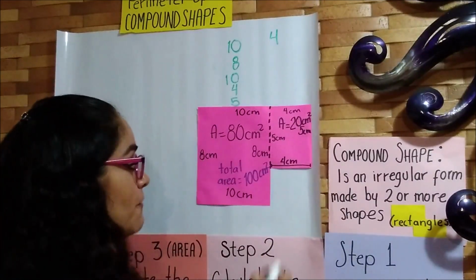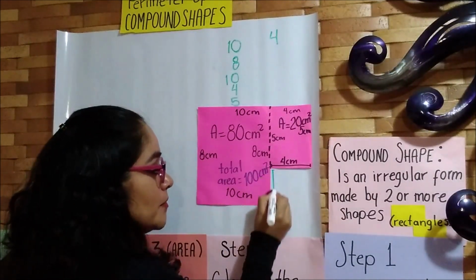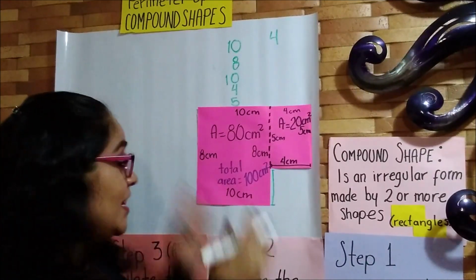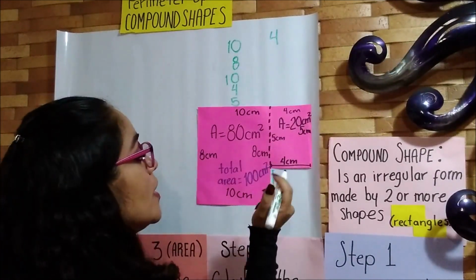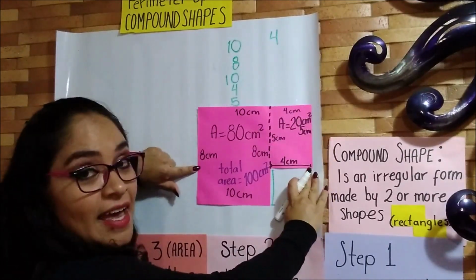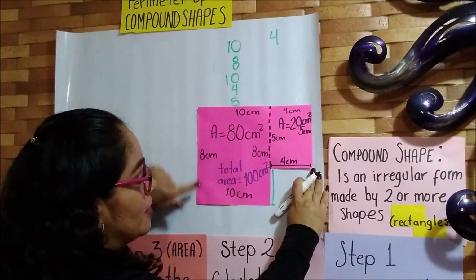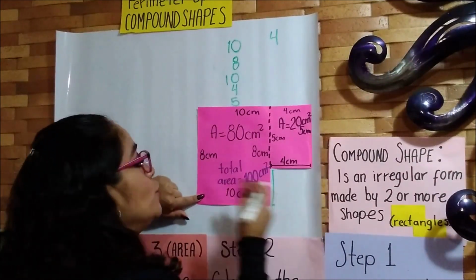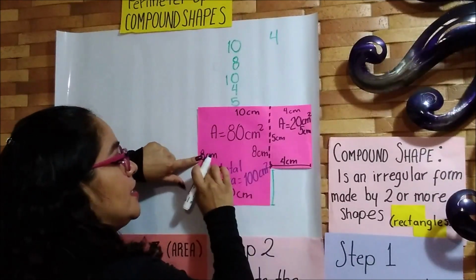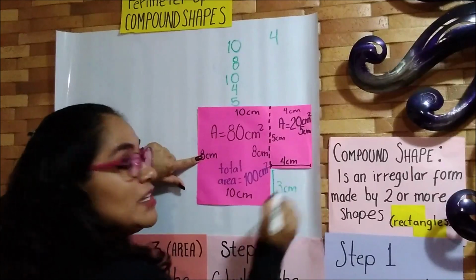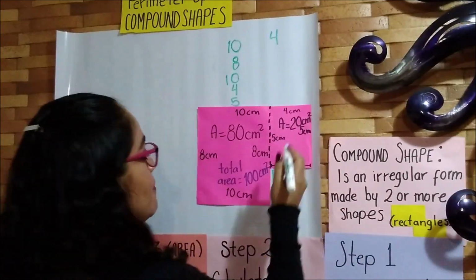But here we need to find a missing measurement because we don't know how much it is. So we're going to check that here to here is 5, but here to here is 8. So we're going to subtract 8 minus 5, and my missing measurement is going to be 3.